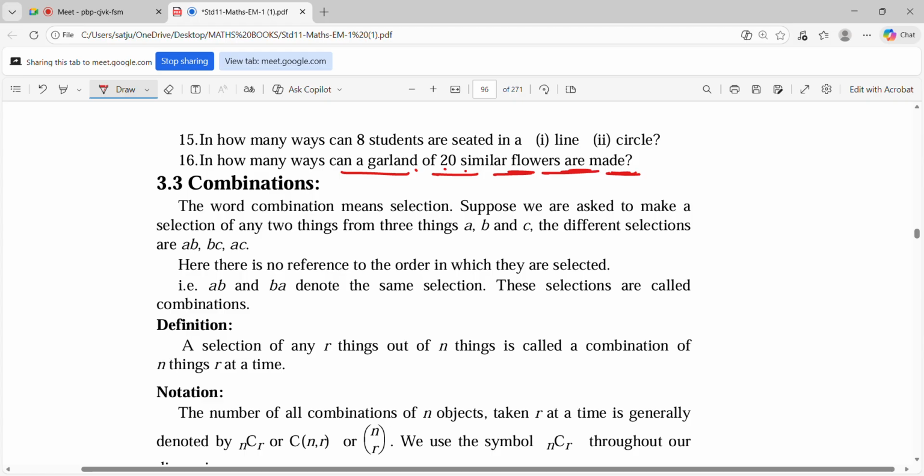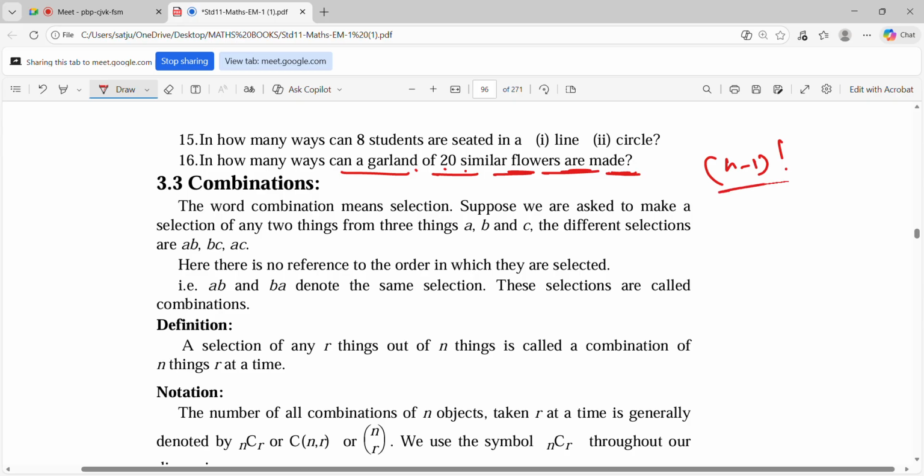Quickly, it is a simple question. How many ways can a garland of 20 similar flowers be made?